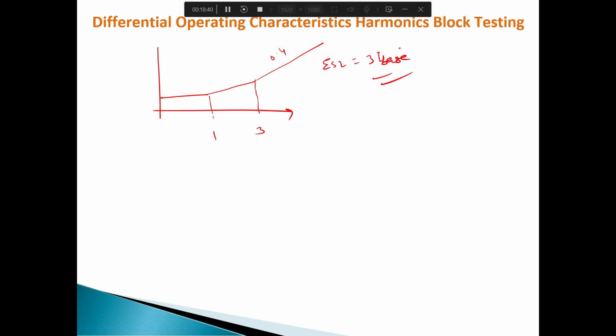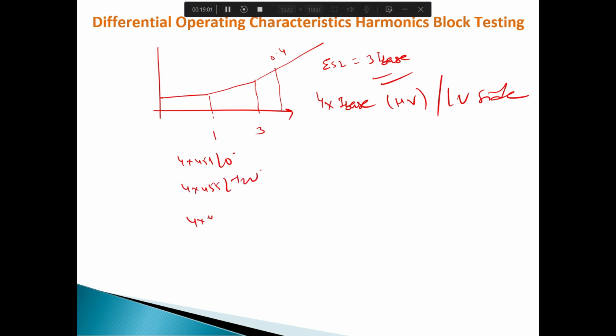So what I have to do simply is inject a current of, suppose, 4 times I base on the HV side as well as the LV side. This will be 4 times 455 at an angle of 0 degree, 4 times 455 at an angle minus 120 degree, 4 times 455 at an angle plus 120 degree.